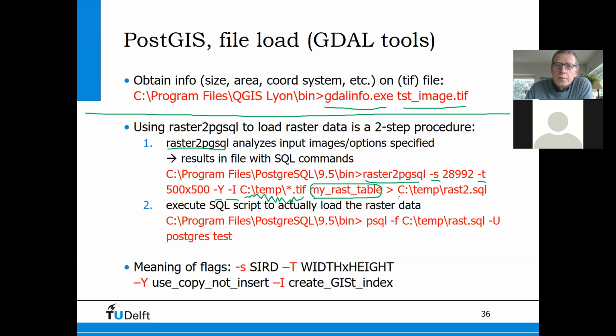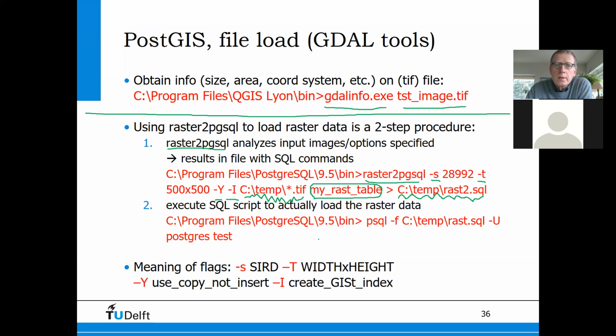The output of this first step is stored over here, and this is an SQL file. It's stored in a temporary file. You can access the content of this file, have a look at it, and you see all kinds of SQL statements that load the data.